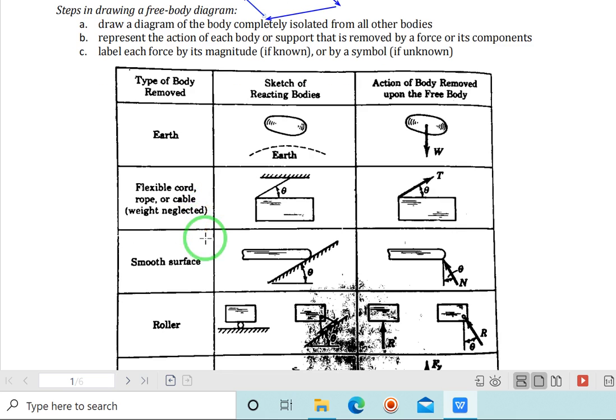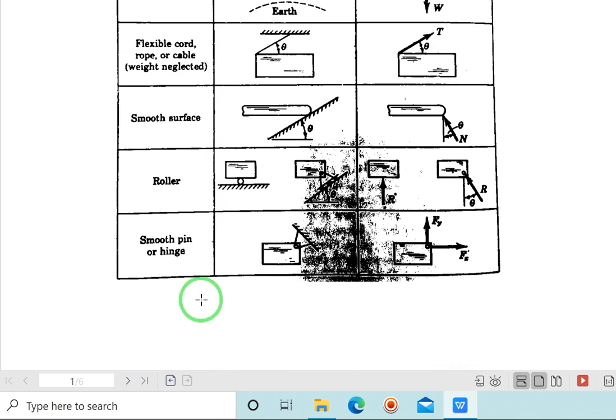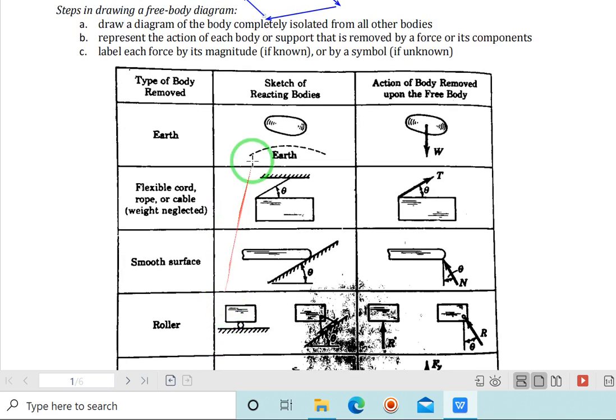We have the earth, cord, smooth surface, roller, pin, or hinge. This is the diagram. Then if you will draw the free body diagram for earth, this will be the free body diagram.